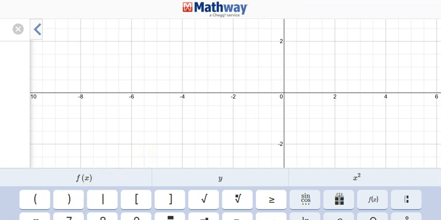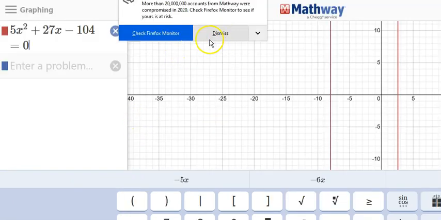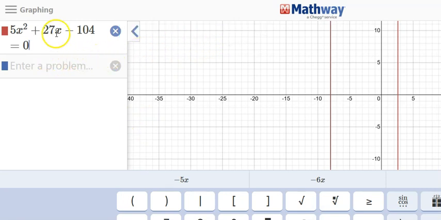Now this works in a similar way here. If you go up to the upper left corner, and I've typed in the equation, and I have 5x squared plus 27x minus 104 equals 0, and then I entered.